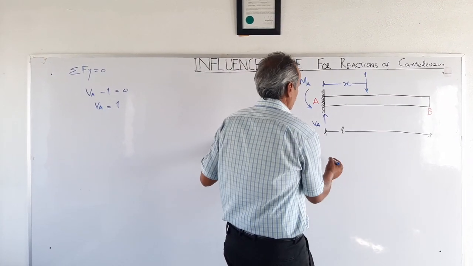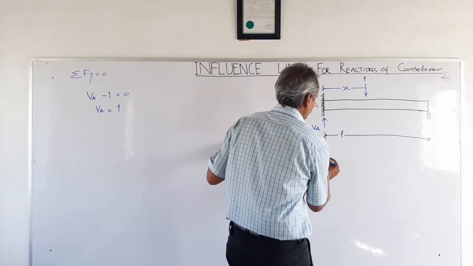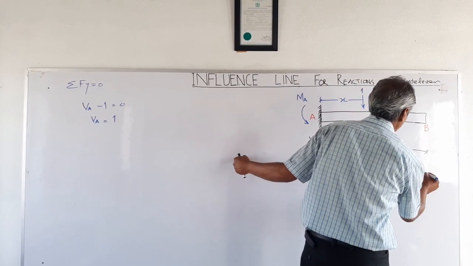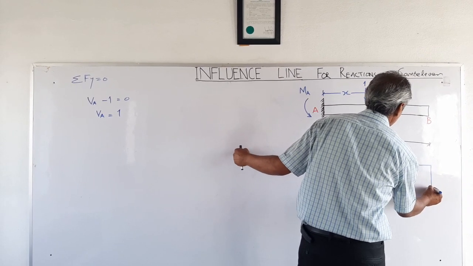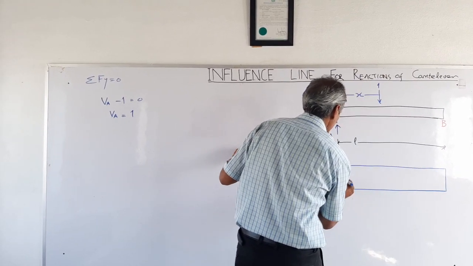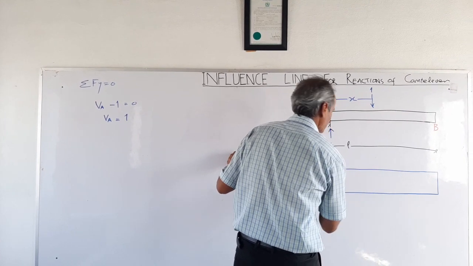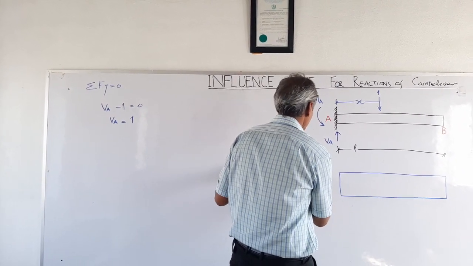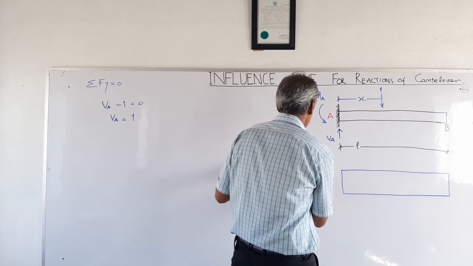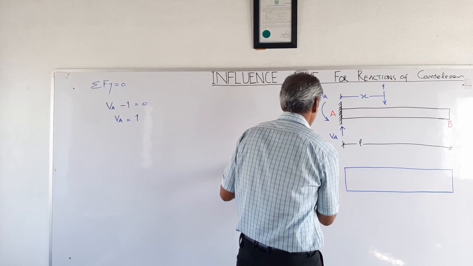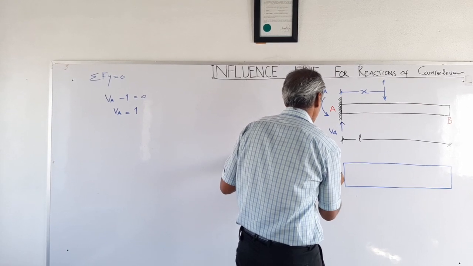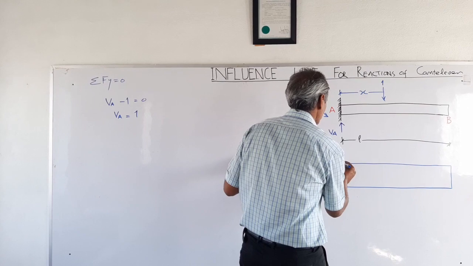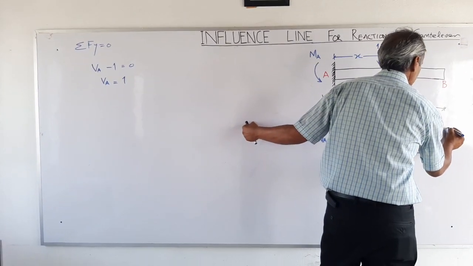The whole beam will have a rectangular influence line for the vertical reaction. This is the influence line for VA, and this ordinate is also 1.